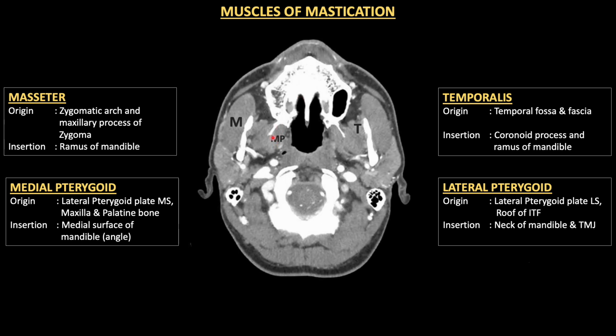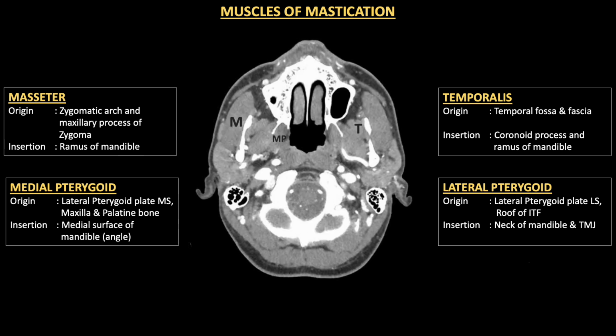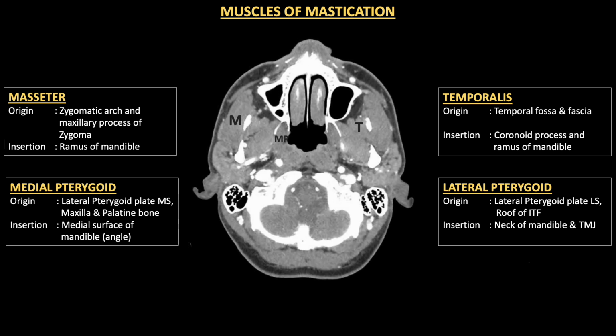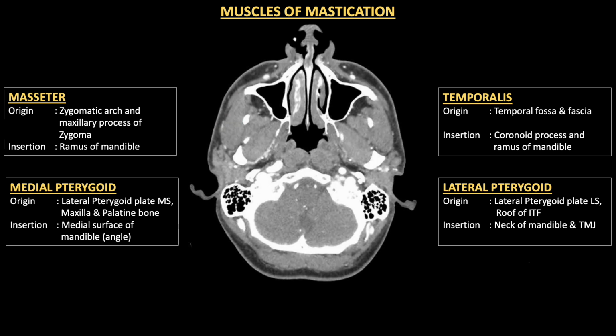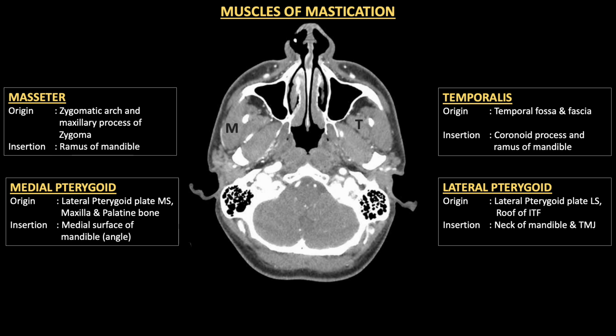So here, the medial pterygoid is taking its origin from the medial surface of the lateral pterygoid plate. I'm continuing to scroll cranially. Just keep looking at the masseter. The masseter will now go and attach to the zygomatic arch.